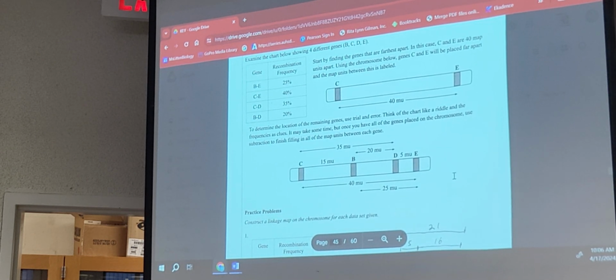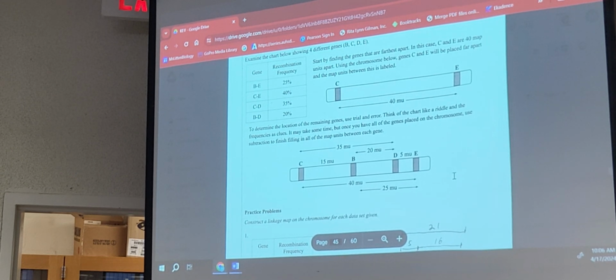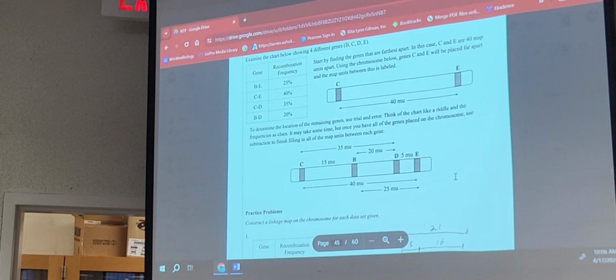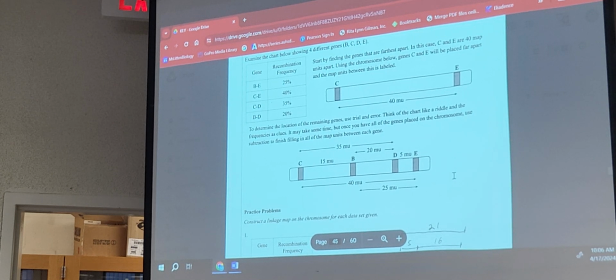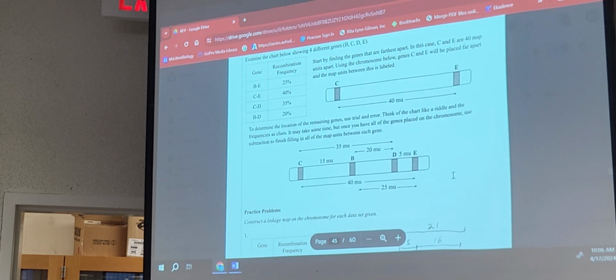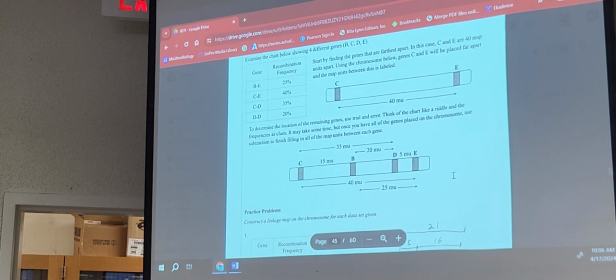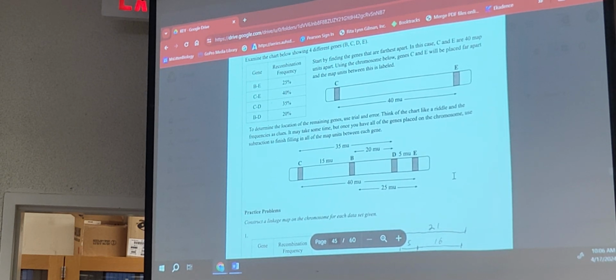So we know that this is impossible. We know B can't be over there. It has to be in here somewhere, so we'll put B here. And that makes this distance 25.